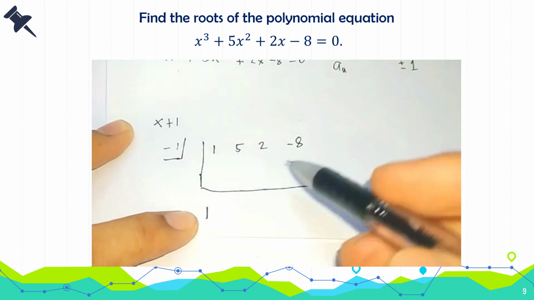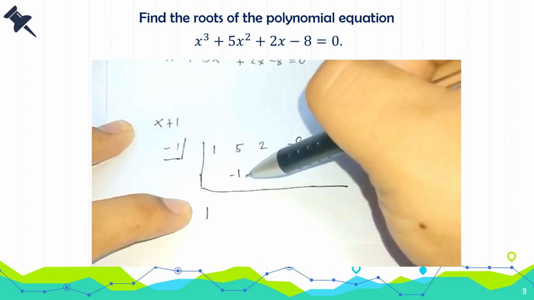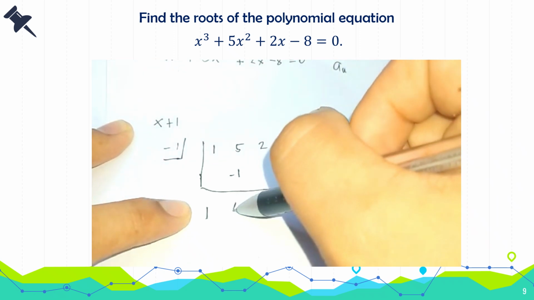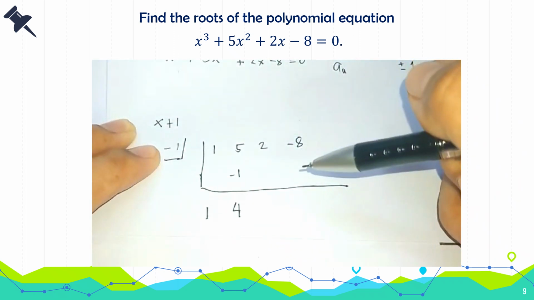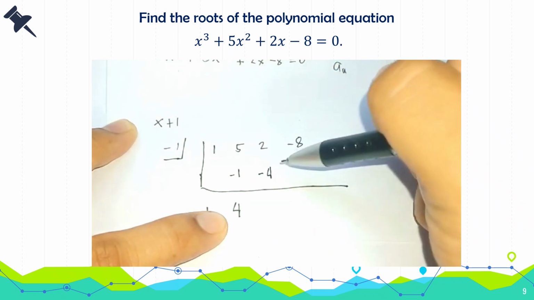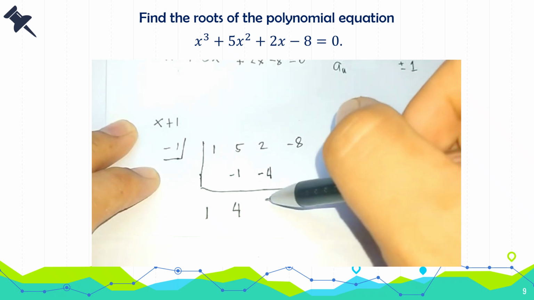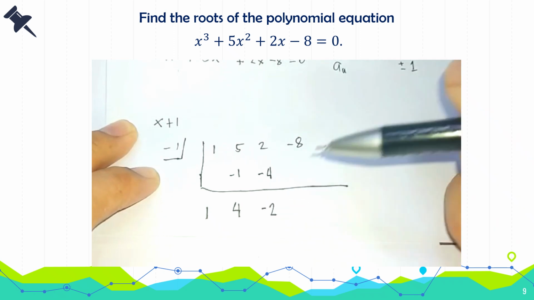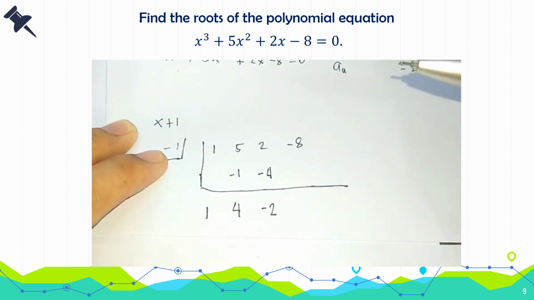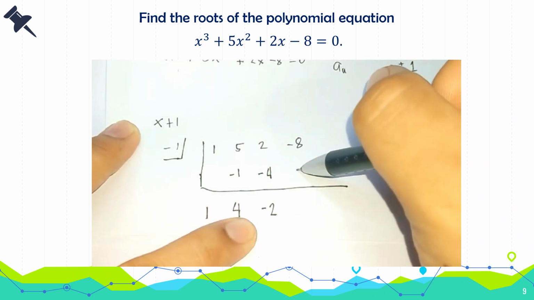Negative 1 times 1 will give us negative 1. 5 minus 1 will give us positive 4. Negative 1 times 4 will give us negative 4. 2 plus negative 4 will give us negative 2. Negative 1 times negative 2 will give us positive 2.